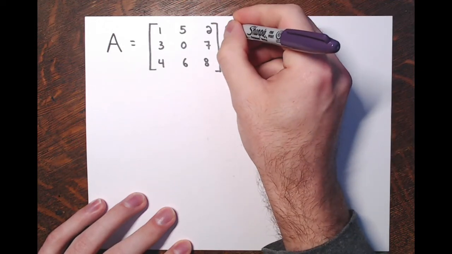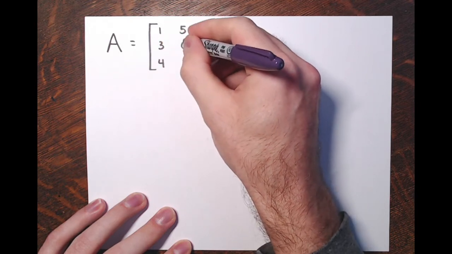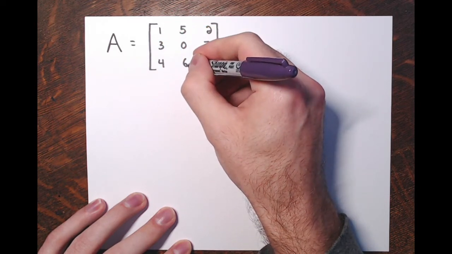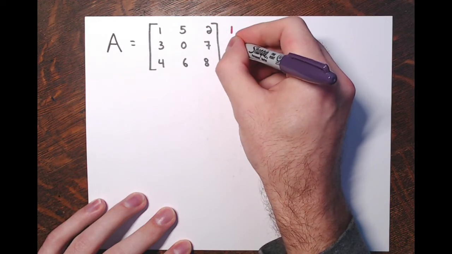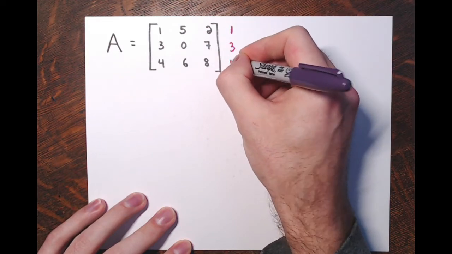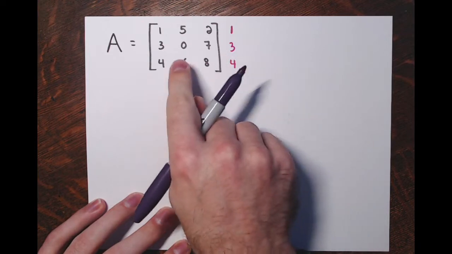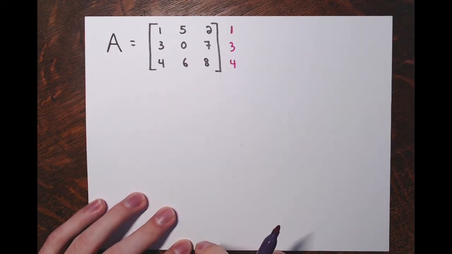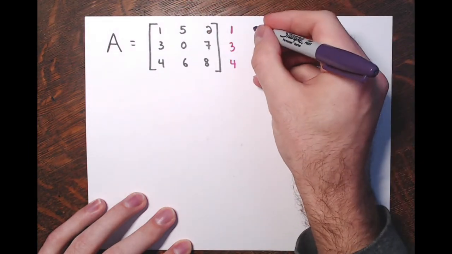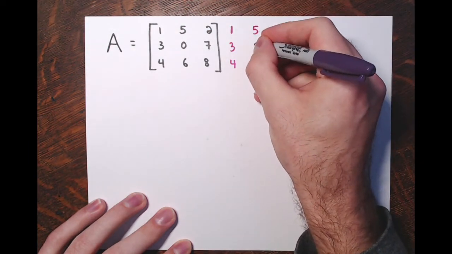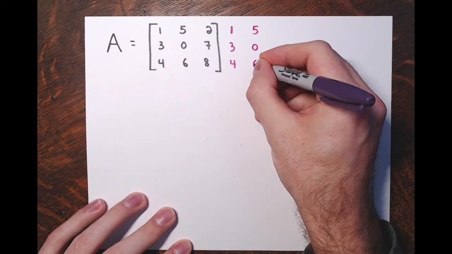I recopy the first column, 1, 3, 4, in a different color so you know it's not actually part of the matrix. And next to that, I also copy the second column, 5, 0, 6.